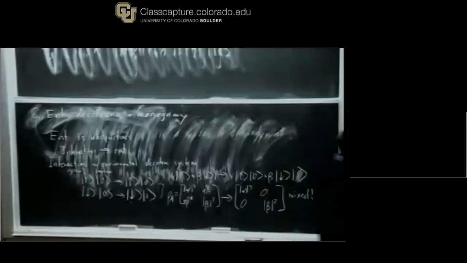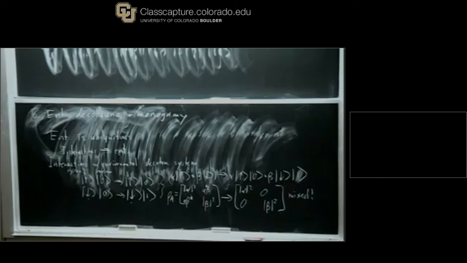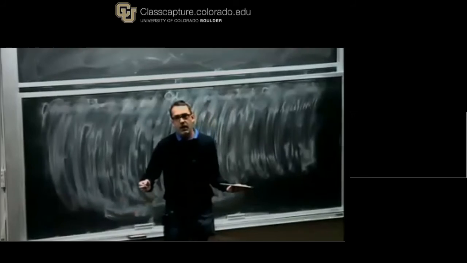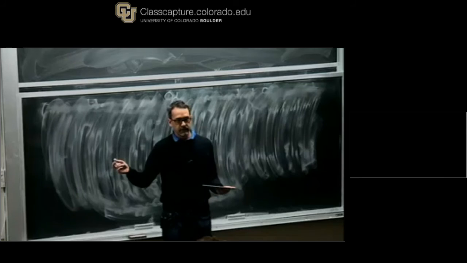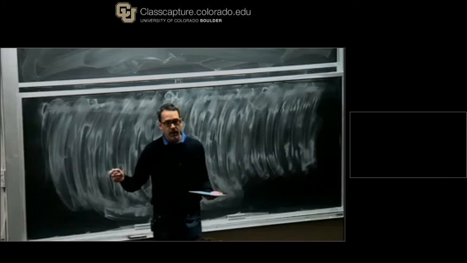Now, I said that entanglement is ubiquitous because interactions lead to entanglement. I also said that entanglement leads to decoherence, and decoherence destroys entanglement. So, entanglement leads to decoherence, which destroys entanglement. Okay?